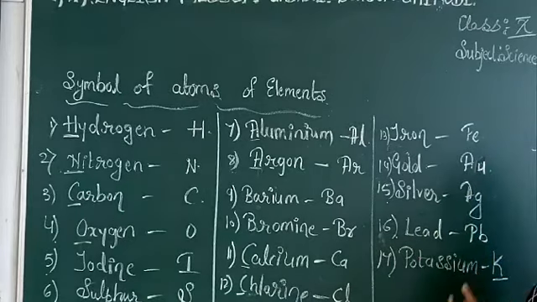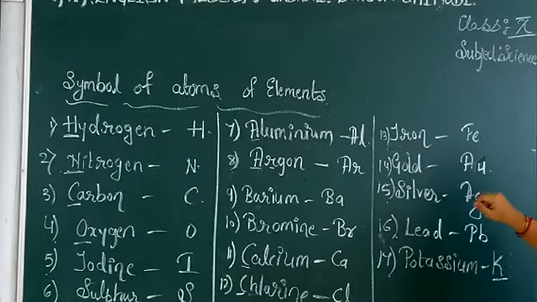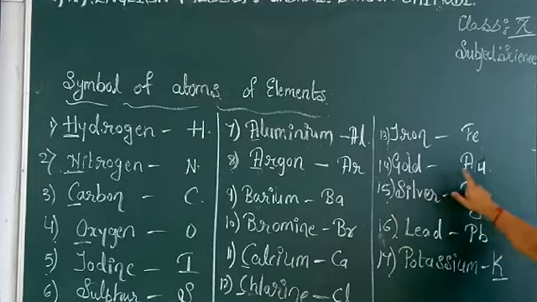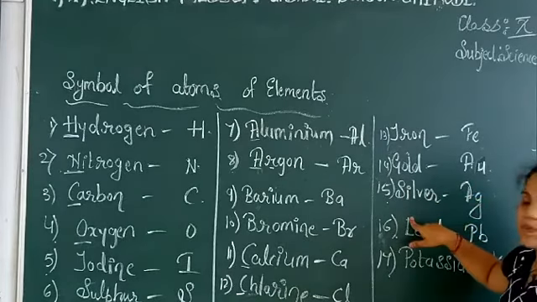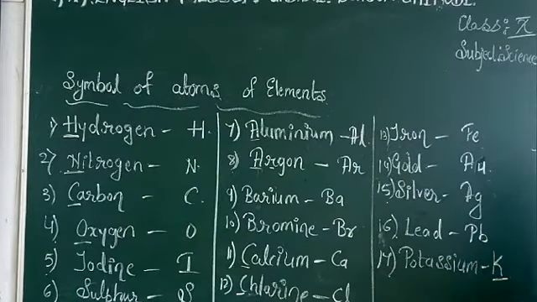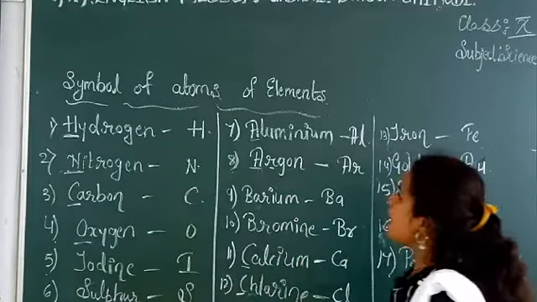And we have a few examples where this rule is not followed: iron is represented by Fe, gold by Au, silver by Ag, lead by Pb, and potassium by K. So these are the symbols of atoms of the elements.